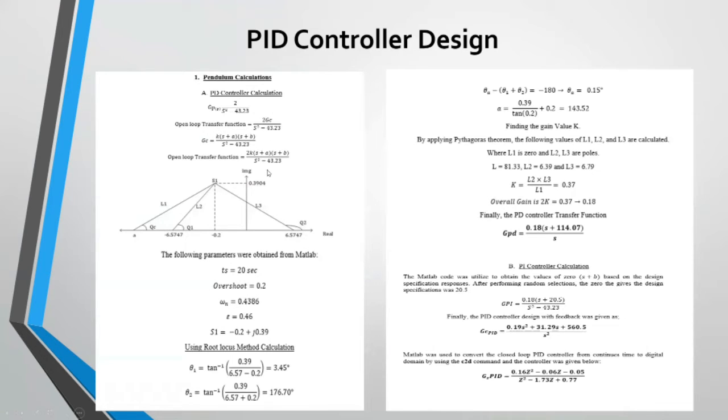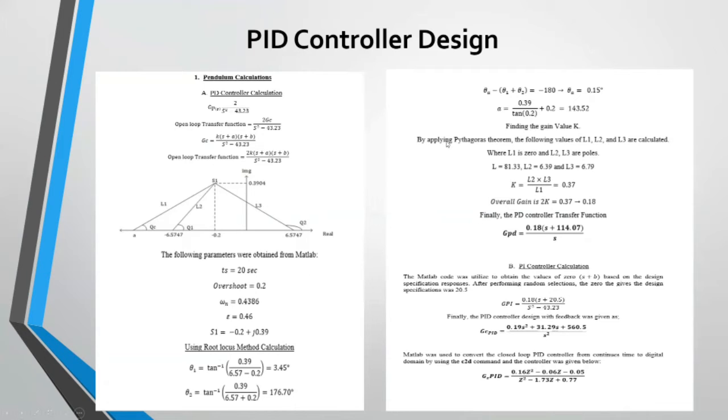Then we get the following equation, and we apply a root locus design, which involves mathematical calculations with trigonometry, finding the angle and using the root locus method, where the sum of all the poles minus the sum of all the zeros equals minus 180. Then we obtain the parameter values. The calculations are shown in steps, so if you follow, you can see how the values are obtained.